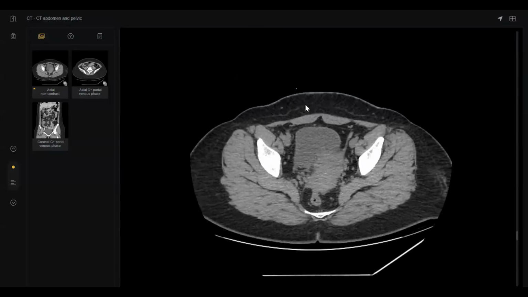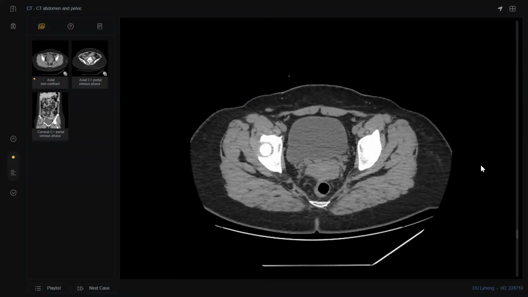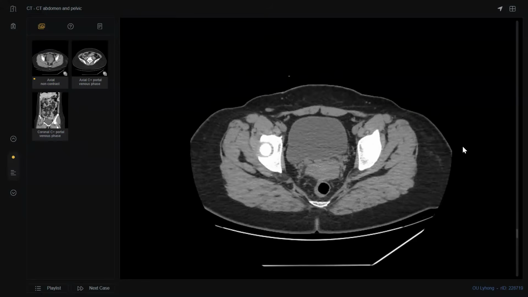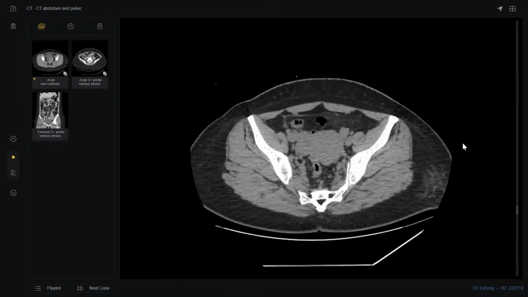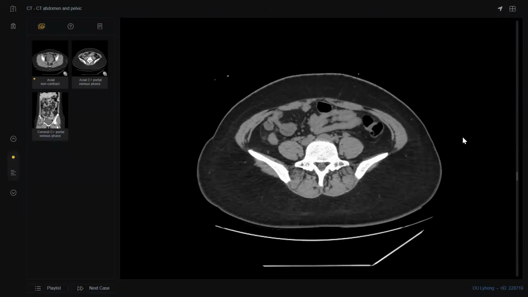Okay. Go on. Sir, I cannot scroll. Scrolling. I have been provided with a CT scan of the abdomen of a 30-year-old female presented with right iliac fossa pain.